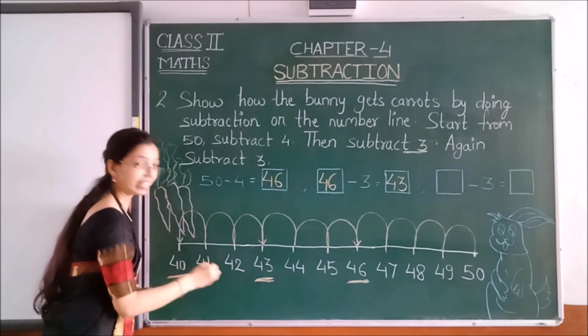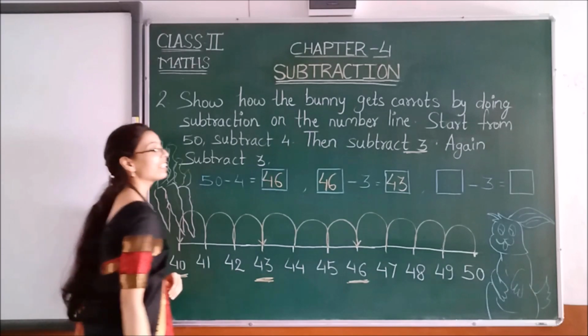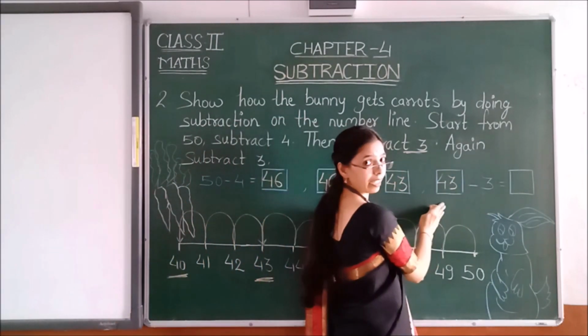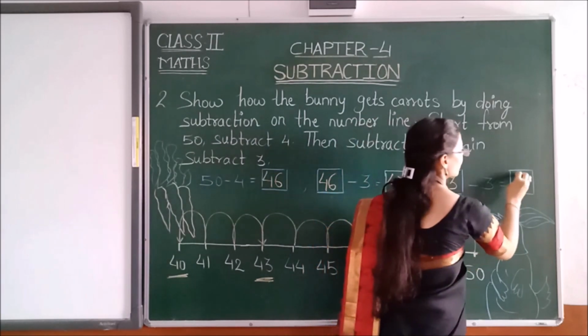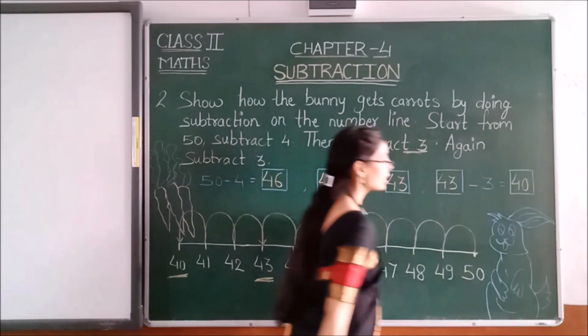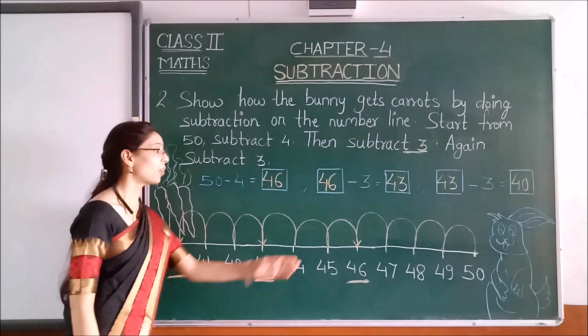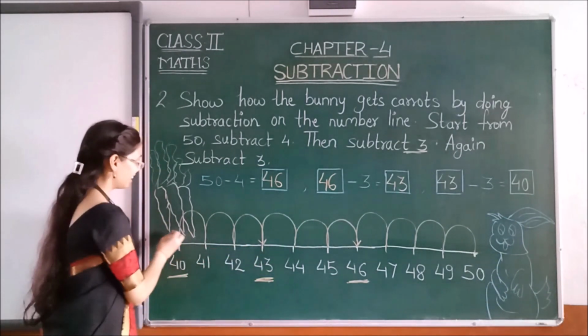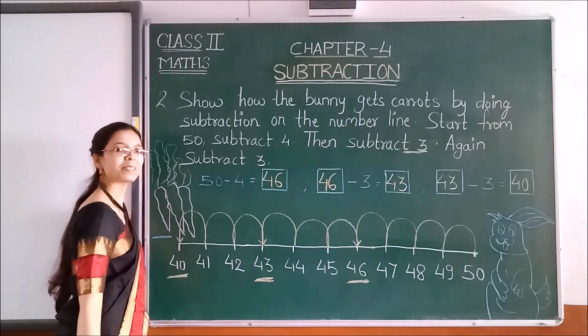On which number did he finally reach? 40. So 43 minus 3 is equal to 40. So finally bunny reaches 40 and we get carrots.